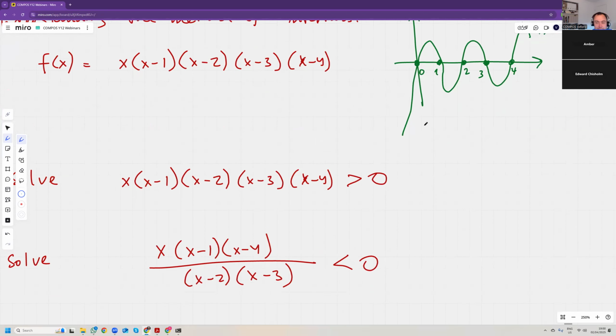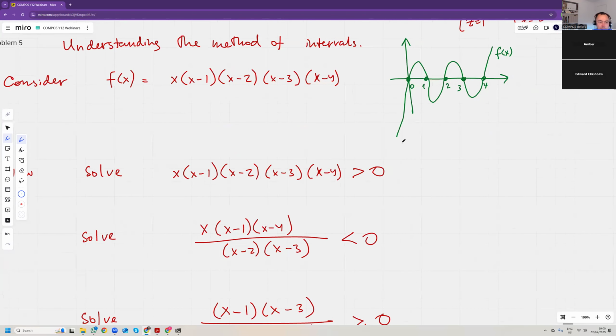So when I ask you to solve this inequality, it's just asking the question, when is this function positive? This is equivalent to asking when is f of x positive?